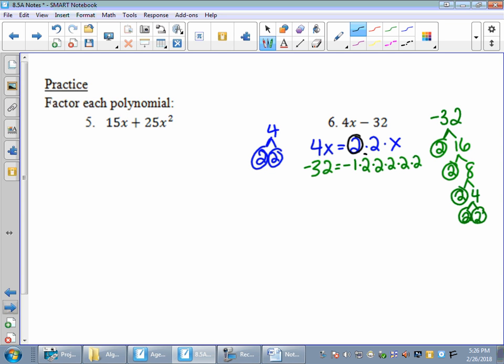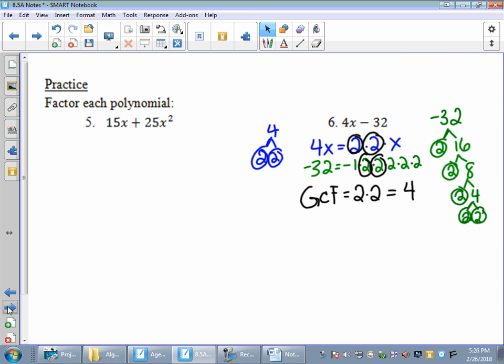This one has a 2, this one also has a 2. Do they share anything else in common? No, they don't. So I'm going to say that my greatest common factor is a 2 times 2, which should give me a 4.